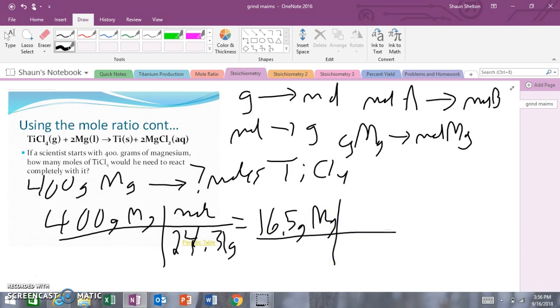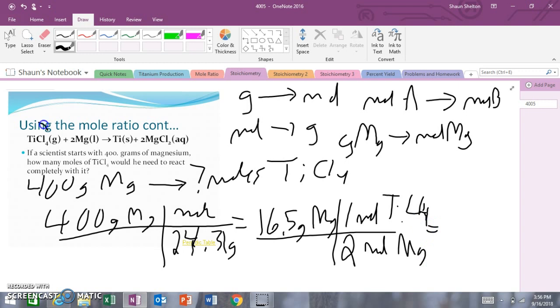So we're going to go from moles of magnesium into moles of tickel. Now we're going to use the mole ratio here. We know that there's 1 mole of tickel per 2 moles of magnesium. So again, the 1 comes from, pay attention up here, 1, and then the 2 comes from here.